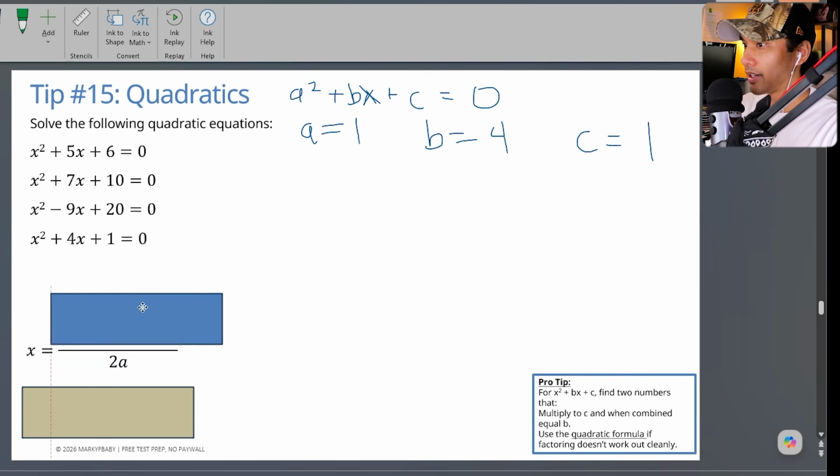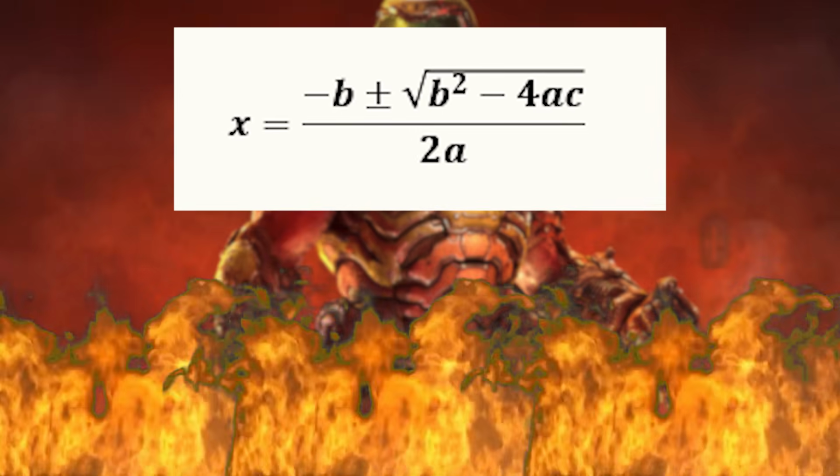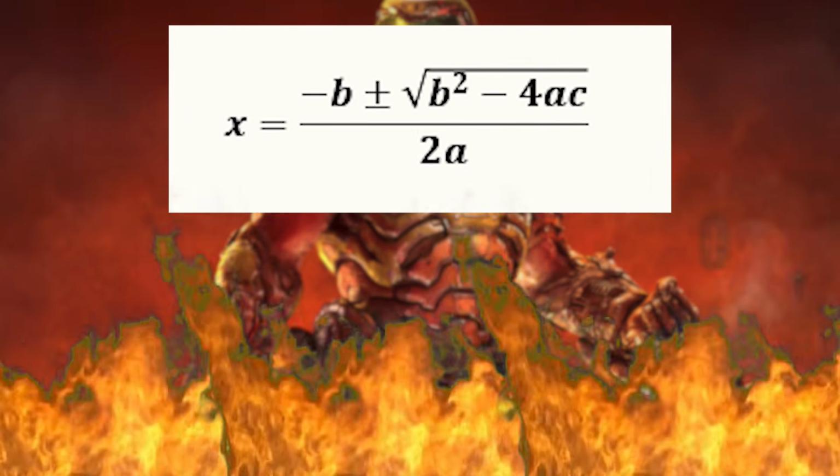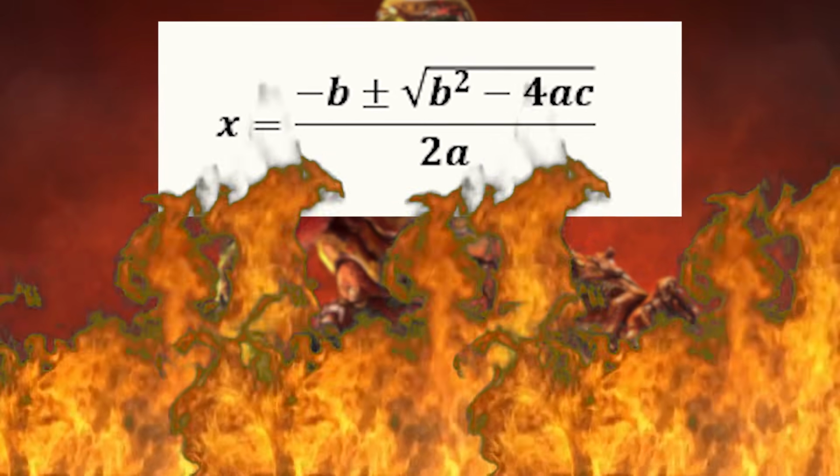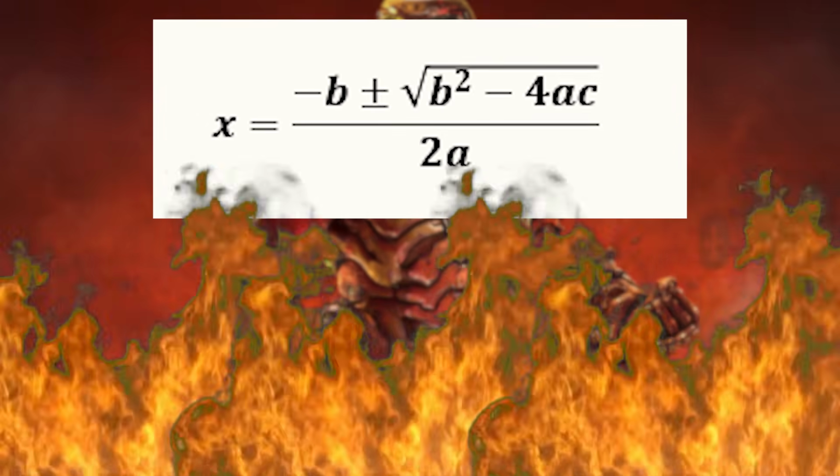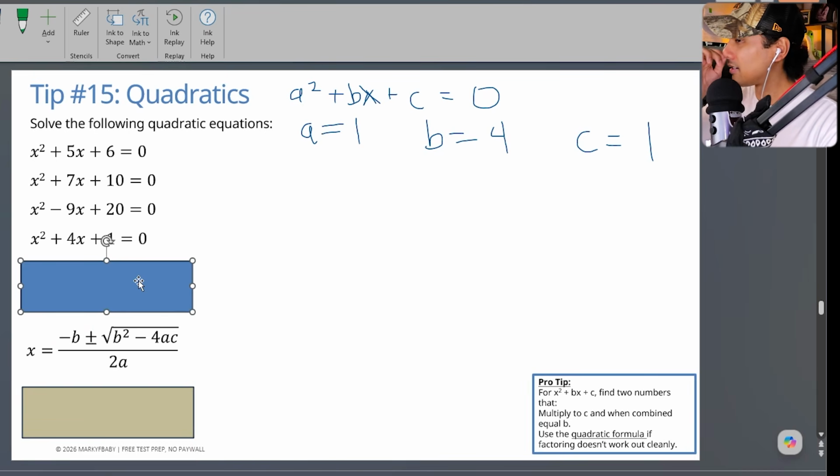So here is the quadratic equation. Memorize it because you will need it, okay? You need to remember this quadratic equation, okay? And we're just going to plug in the numbers, okay?